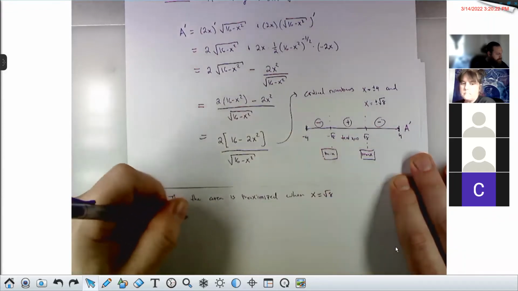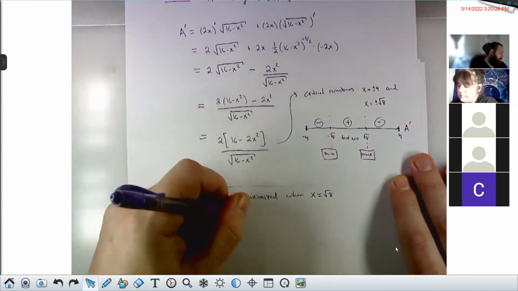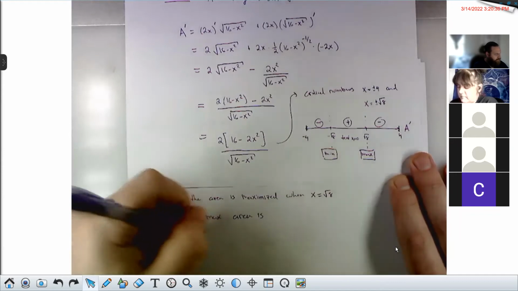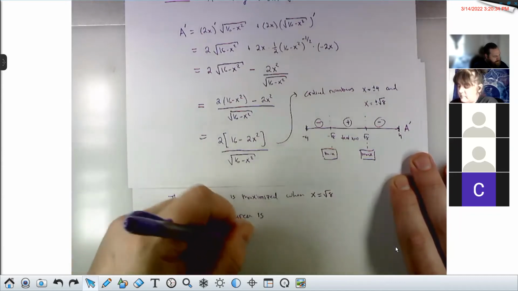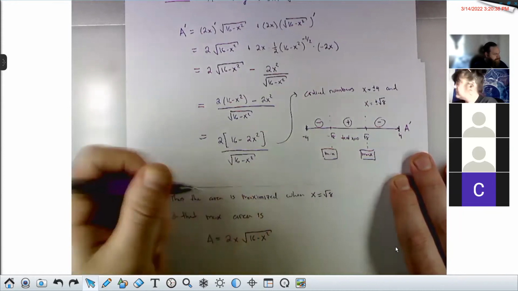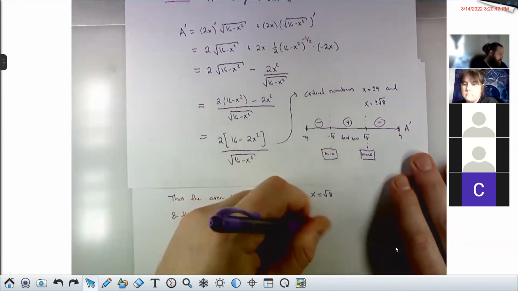And that max area, I just have to go plug back into my area function. A equals, well, it was 2x times the square root of 16 minus x squared at x equals root 8.